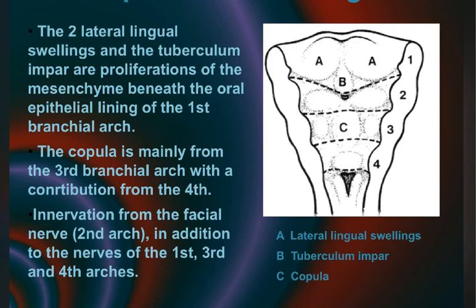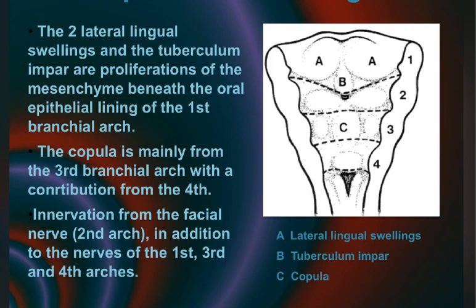They are mainly from the first pharyngeal arch. You see, there is some contribution for the tuberculum impar. Part of the tuberculum impar is from the second. This is for the contribution of the first pharyngeal arch for the development of the anterior 2/3 of the tongue.